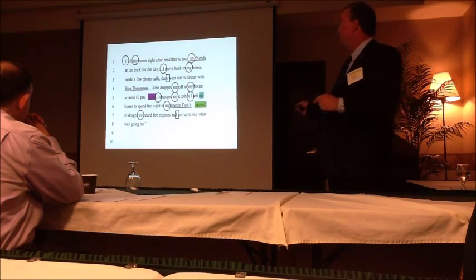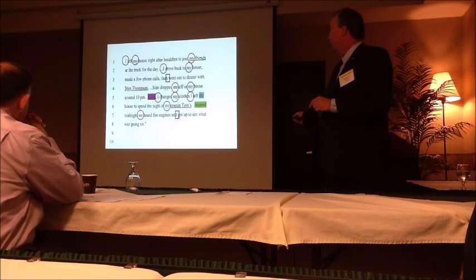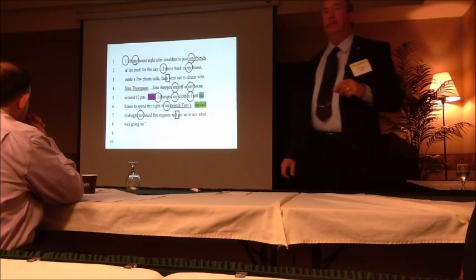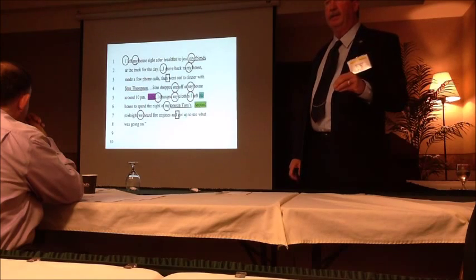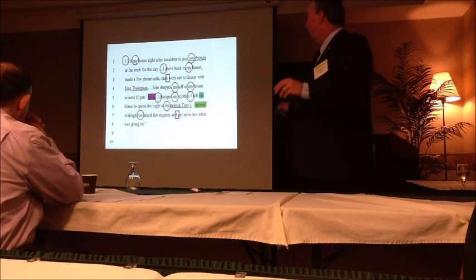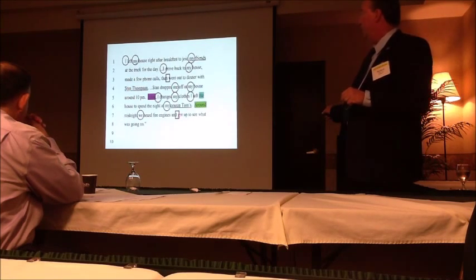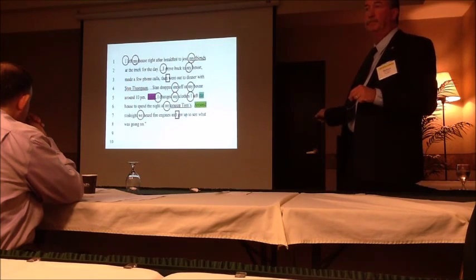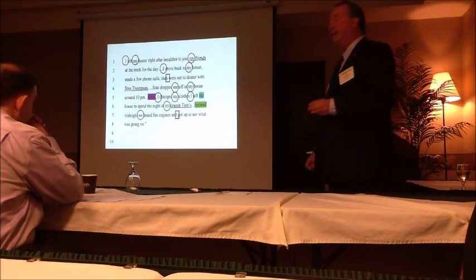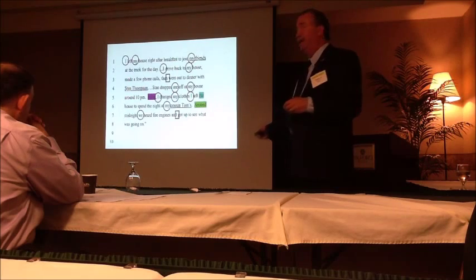"I drove back to my house, made a few phone calls, then went out to dinner." You see I have that box there because there should be a pronoun there. "Then I went out to dinner." He's got another one down here, he dropped the pronoun. Sometimes those mean something, sometimes they don't. You have to look at the context of how he's using it.